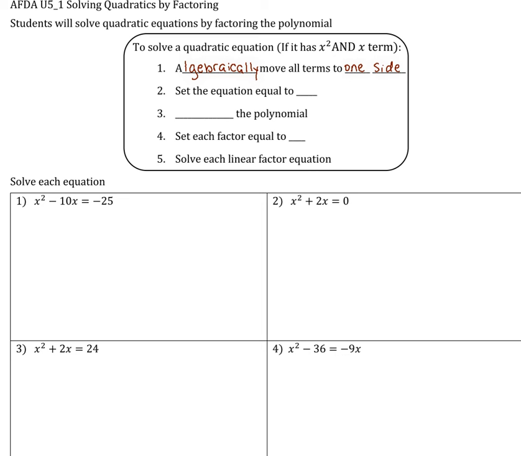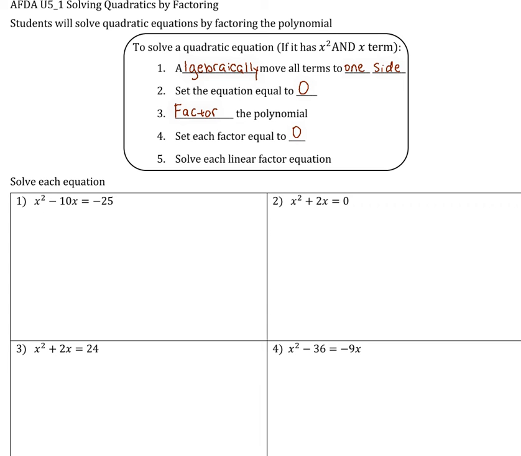We're going to move everything over to the left. Then we set the equation equal to 0. Then we factor the polynomial, and set each factor equal to 0. And last but not least, we solve each linear factor equation.